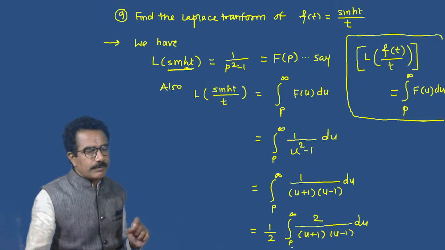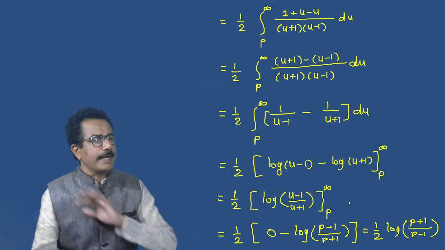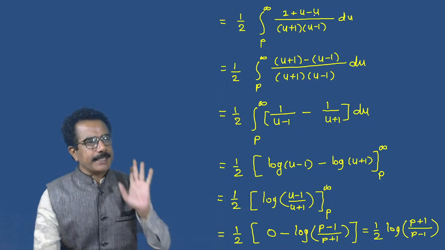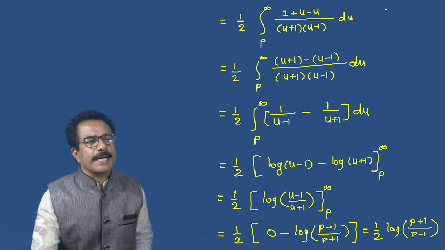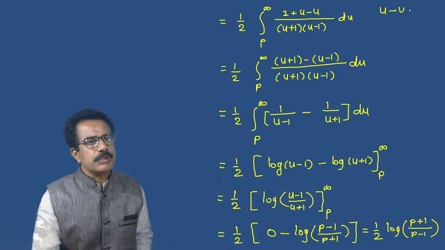So integral from p to infinity, 2 divided by u plus 1 into u minus 1. Now 2, adding u, subtracting u. So 1 by 2 integral from p to infinity, 2 plus u minus u. Again these two we can write as plus 1 plus 1. So u minus u plus 1 plus 1.